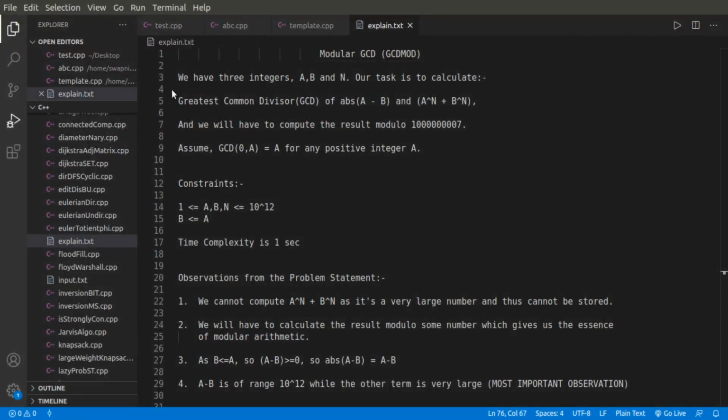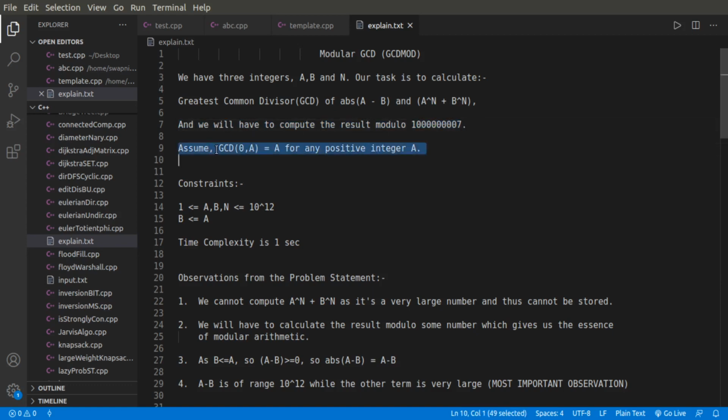Summarizing the problem statement, we have three integers a, b and n, and our task is to calculate the GCD of the absolute value of a minus b and a power n plus b power n. As explained earlier, we will have to compute the result modulo 10 to the power 9 plus 7.